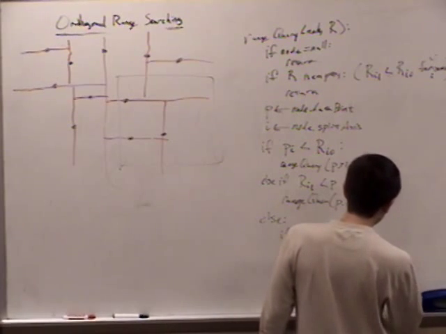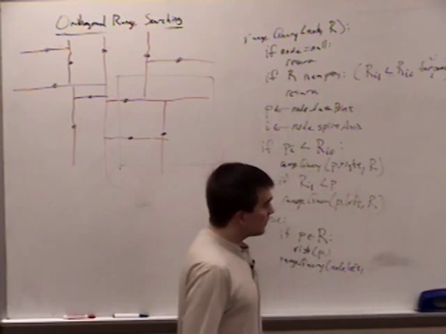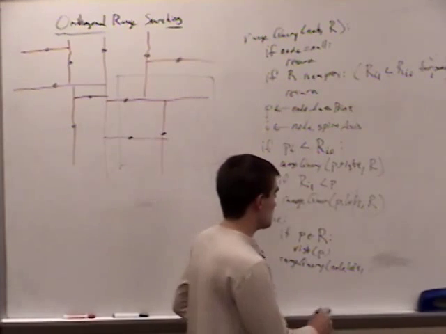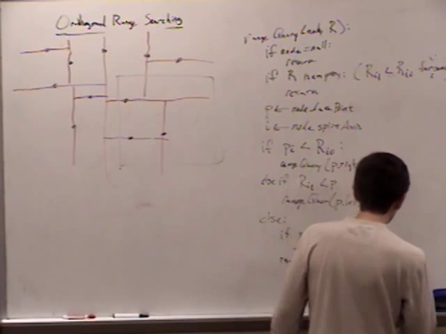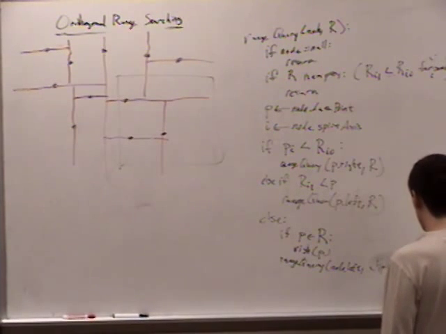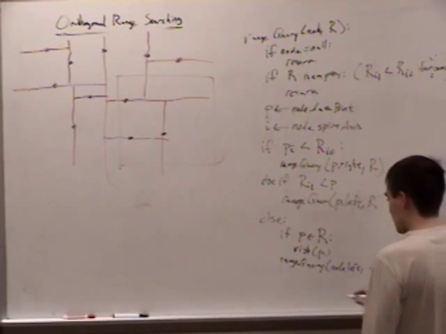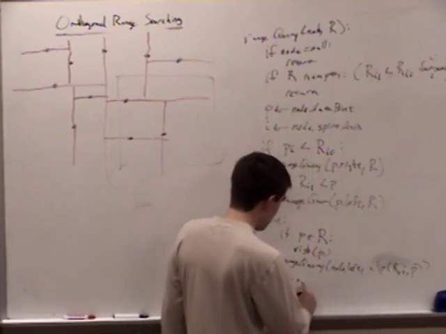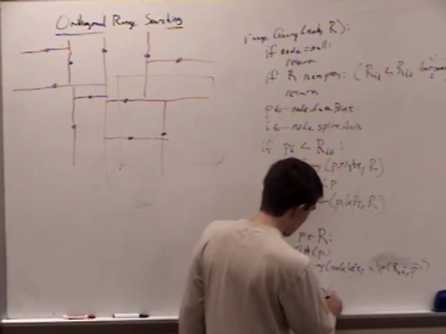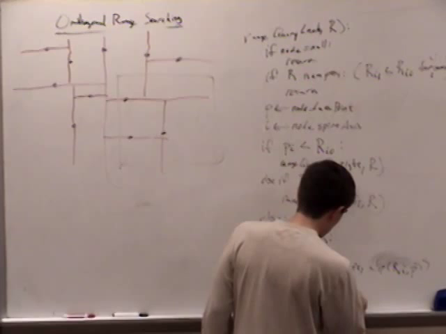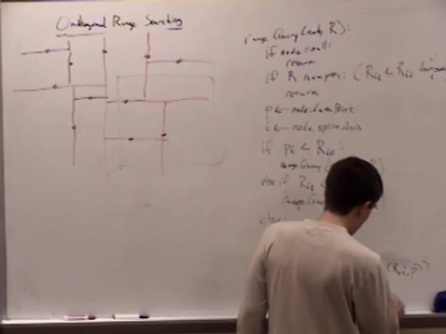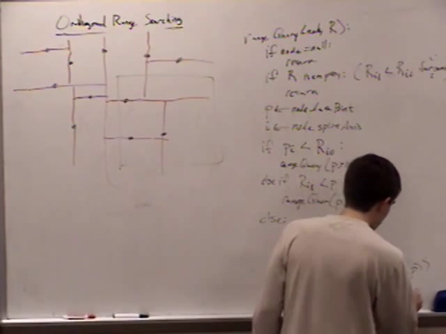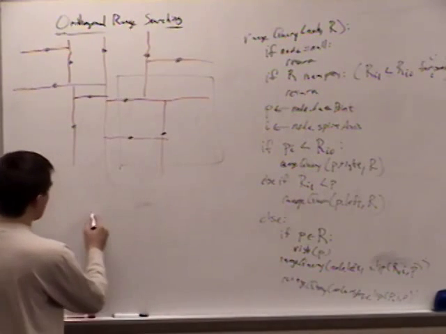Well, no, because I need to check if it's empty, right? So we'll call this clip R_i P here. And then we'll do the same thing for the right tree, clip R_i P.